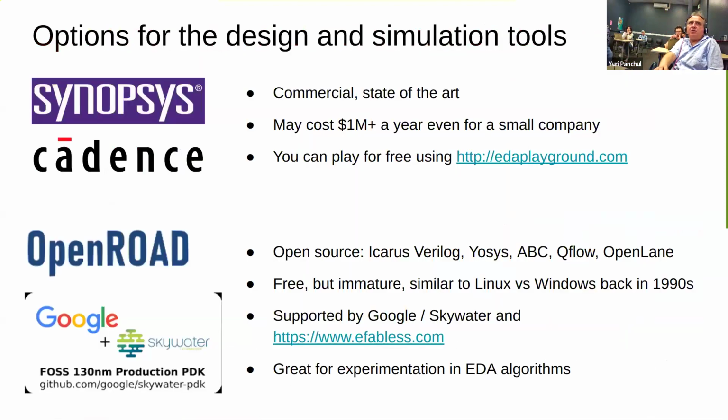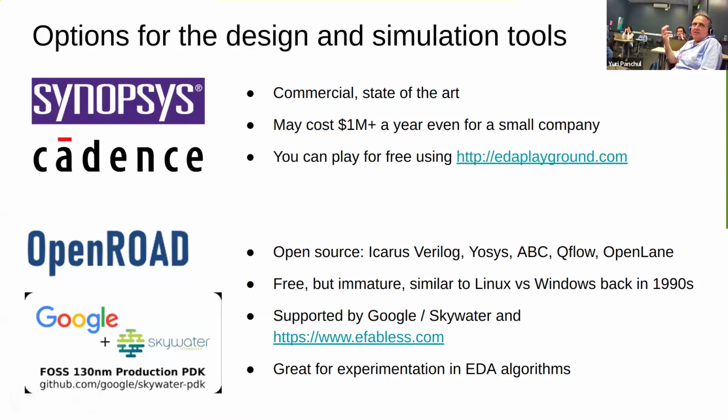No, Google doesn't own this. Google cooperates with a company called Skywater. Skywater is the only purely US-based foundry. They mostly were working with militaries, doing designs with 130 nanometers.